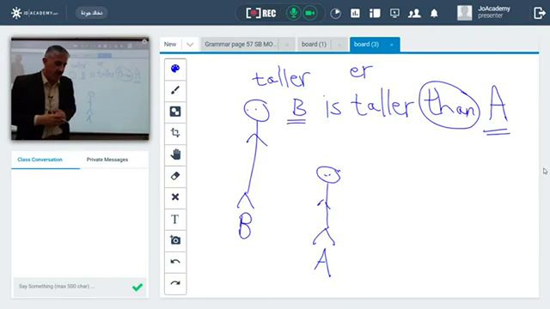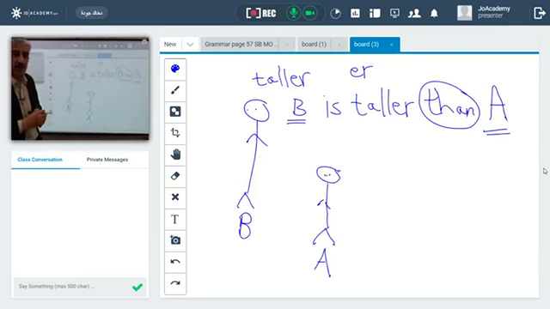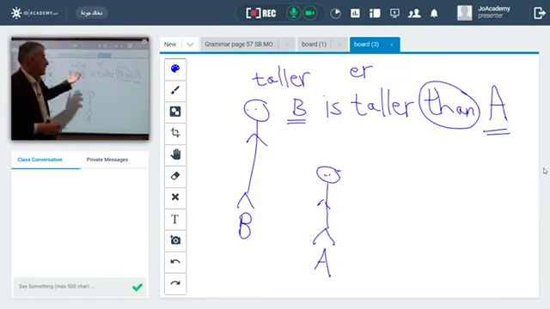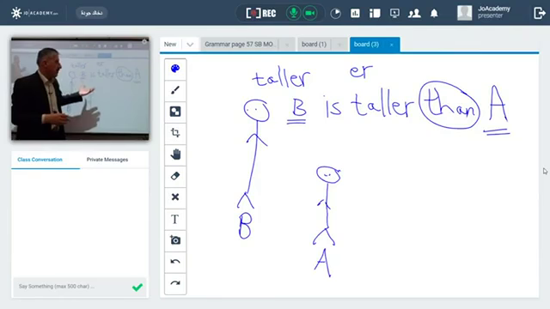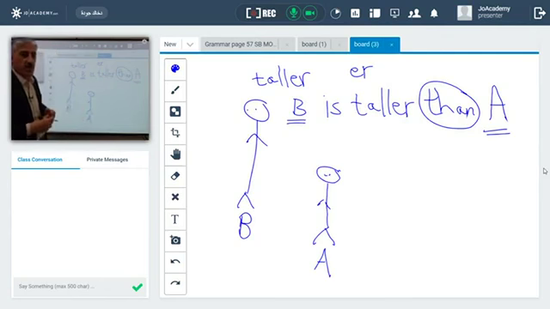If the adjective is short, one syllable or two syllables, we can add ER to the end. But if the adjective is longer, as we will see later, we have to make no change, but we have to add something before the adjective.